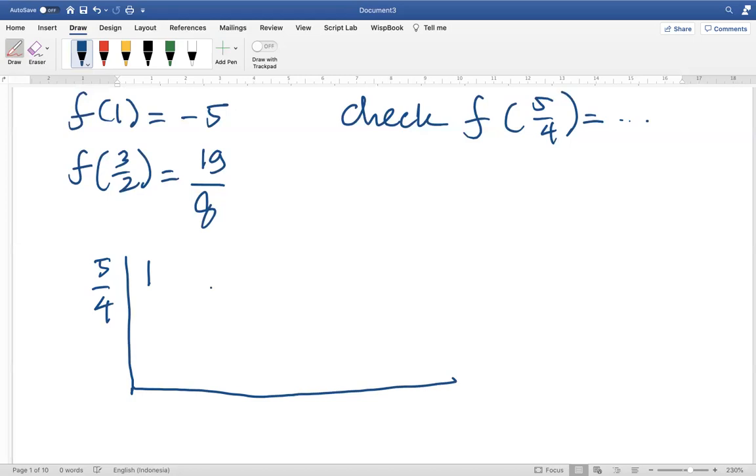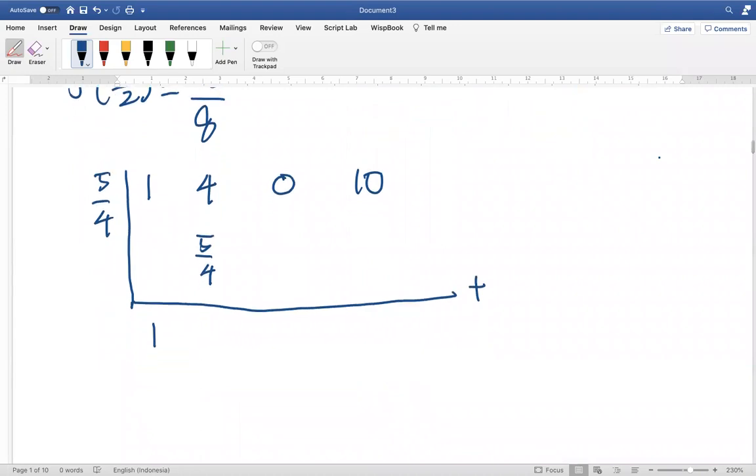This is 1, 4, 0, 10. Then 1, 5/4, plus in here. Anyone can calculate this? How much result here? What is 4 plus 5/4?